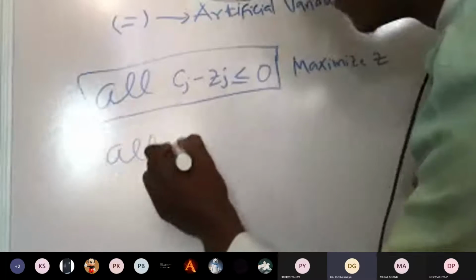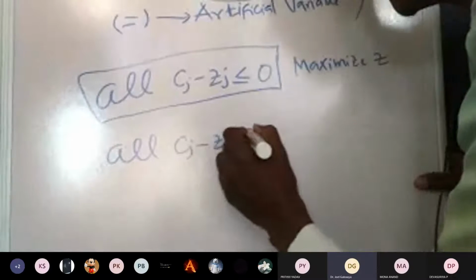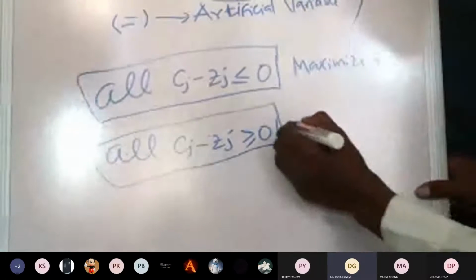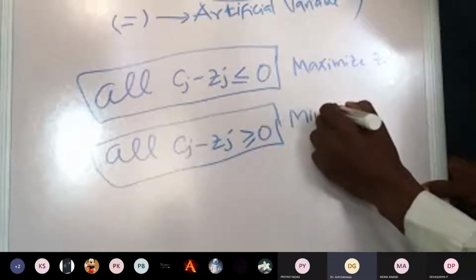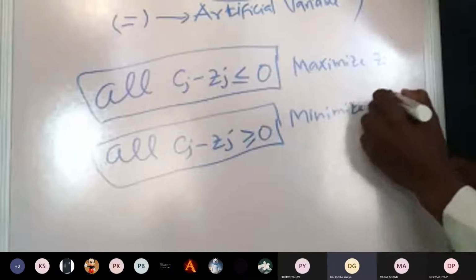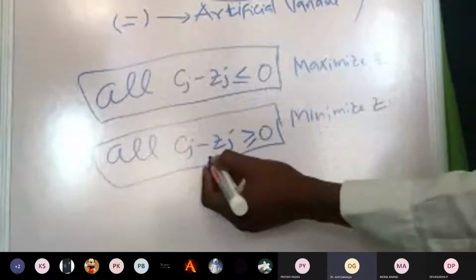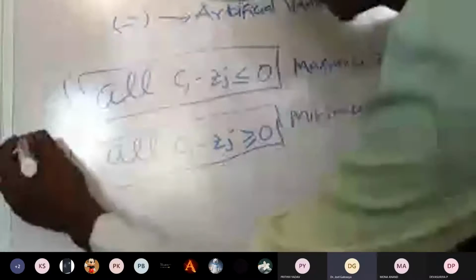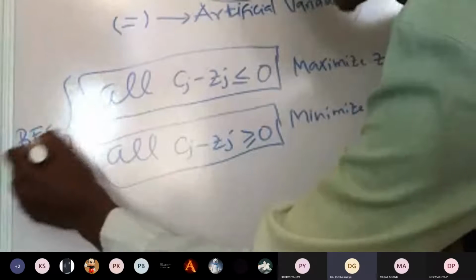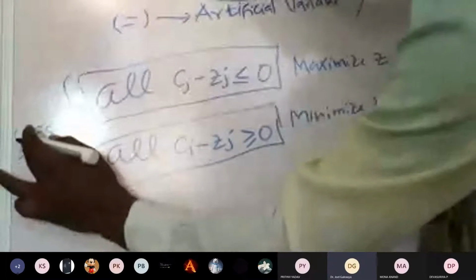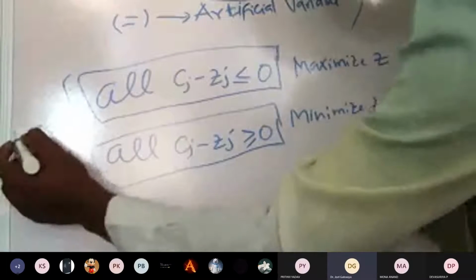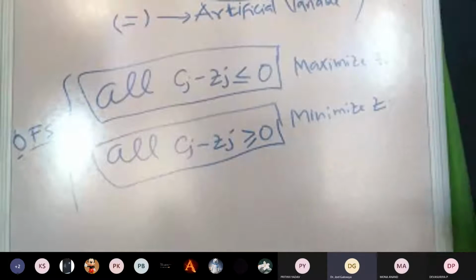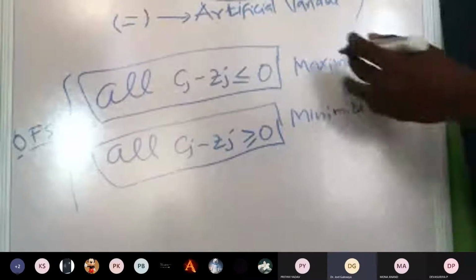When all Cj minus Zj are greater than or equal to 0, we have minimize Z. When all these conditions have been attained, you say that you got the basic feasible solution, the optimal feasible solution. Clear?